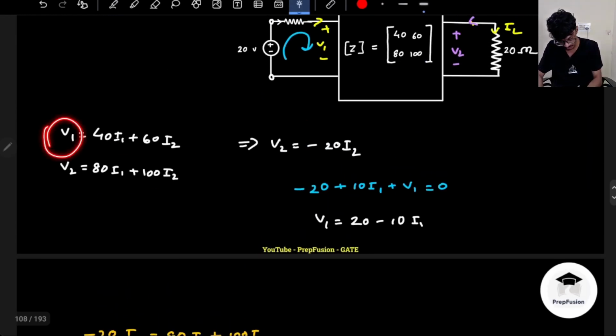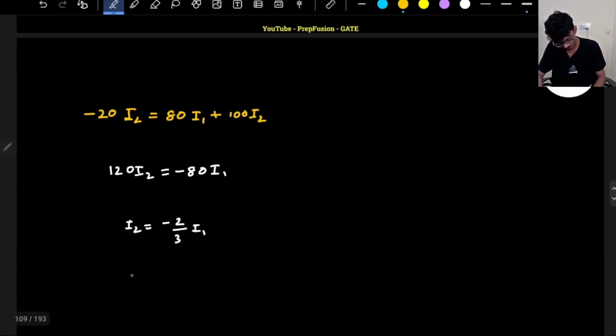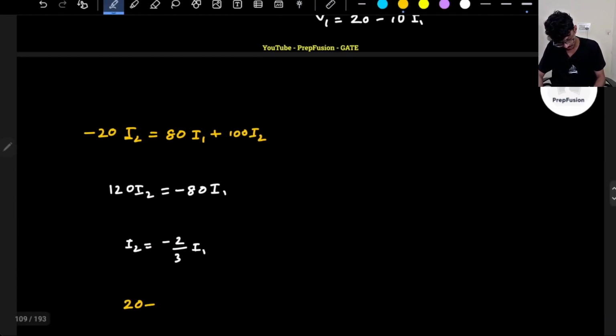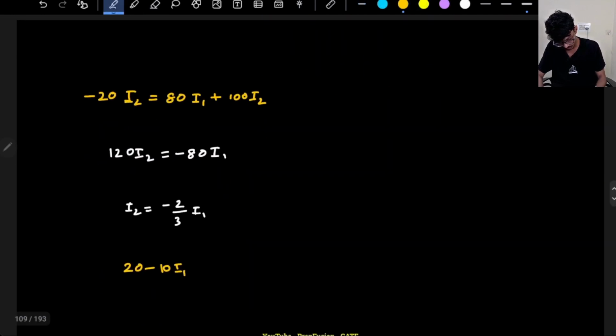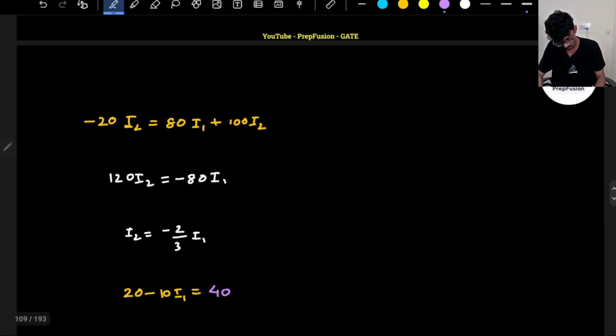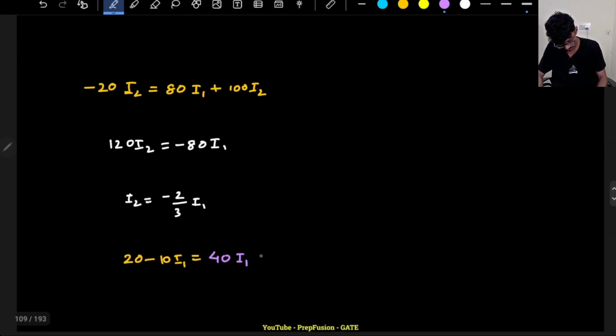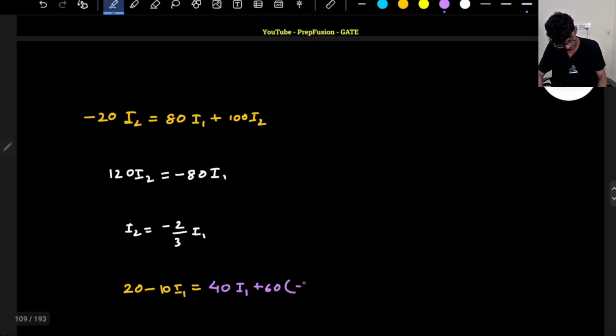This value I will replace in the first equation, and also I will replace V1 with this value. So V1 is 20 minus 10 I1, equals 40 I1 plus 60 I2, and I2 is minus 2 by 3 I1.